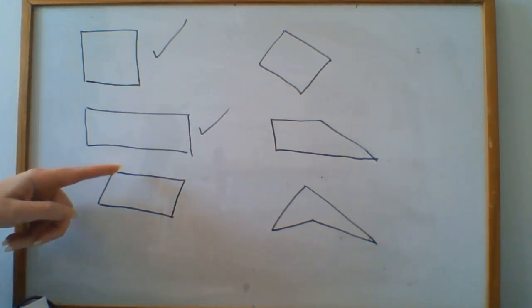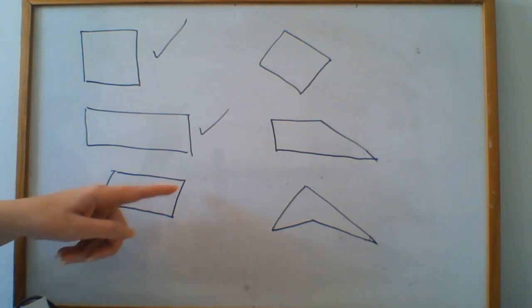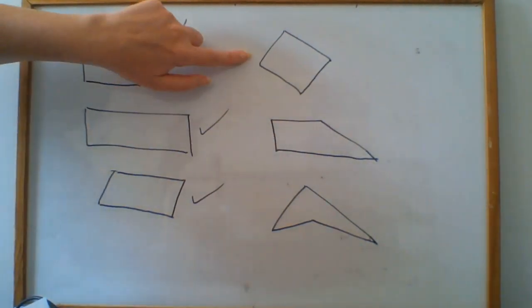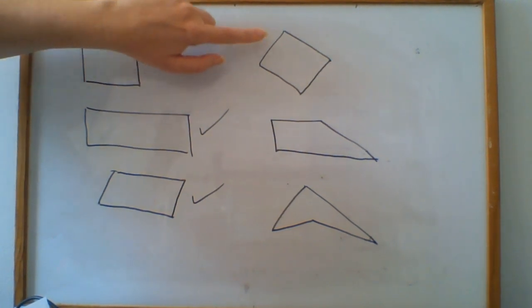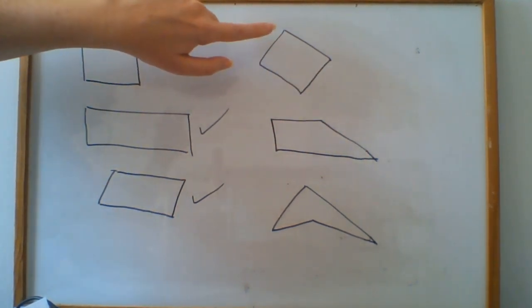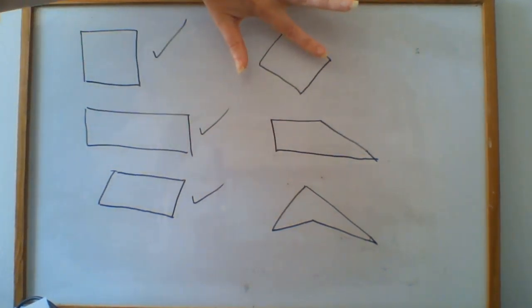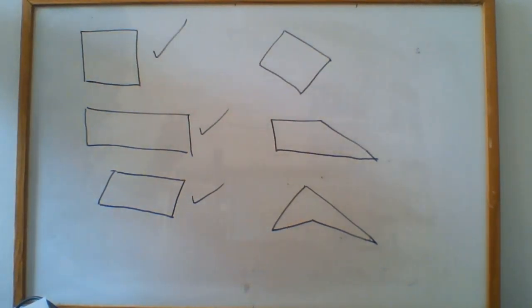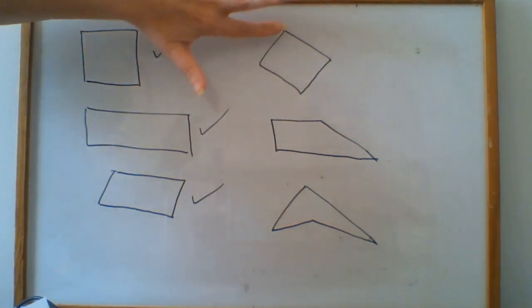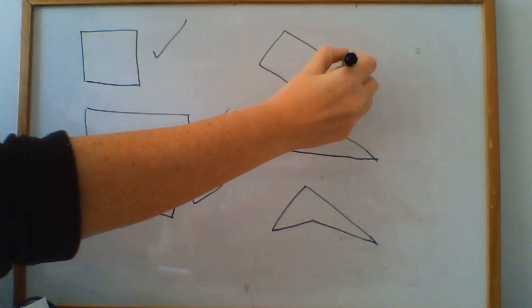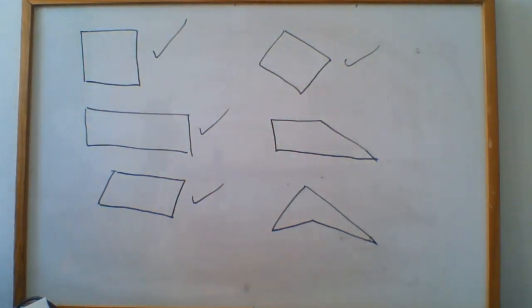Opposite sides equal in length, yes, and opposite angles are equal. So again, that is a parallelogram. Looking here at our rhombus, 4 straight sides, yeah, opposite sides parallel, that is parallel to that, and that is parallel to that, yes. Opposite sides equal in length, they are, and opposite angles are equal. So again, a rhombus is a type of parallelogram.